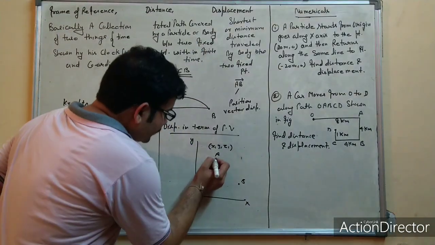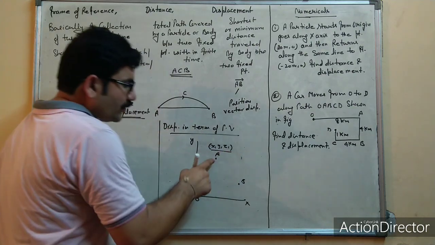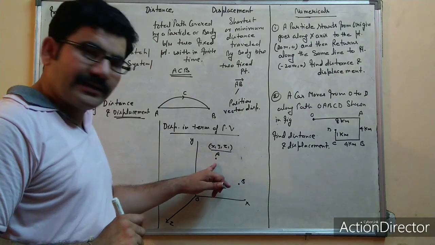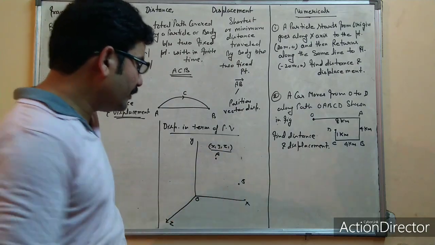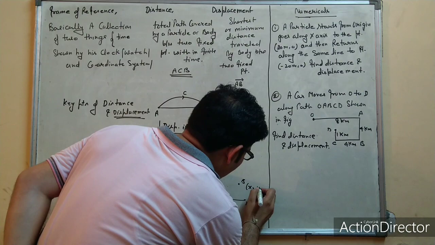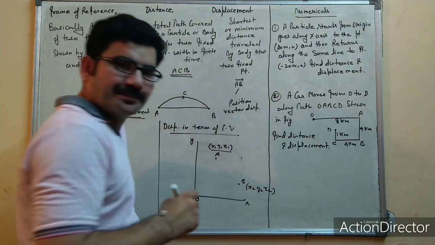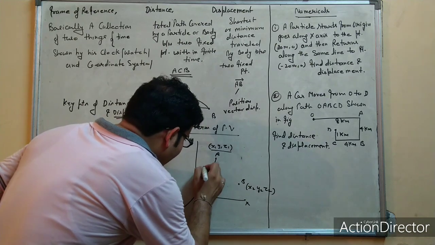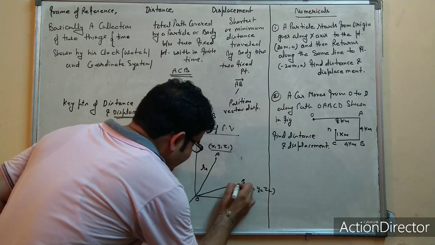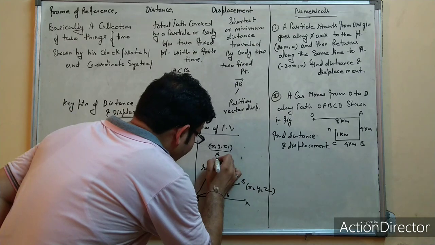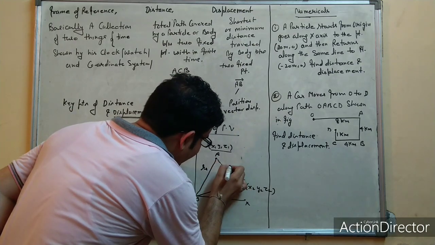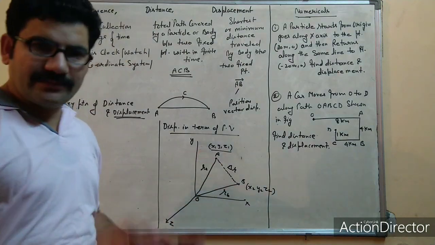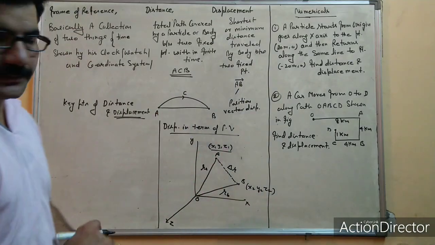The coordinates of point B are x2, y2, z2. Now if we draw their position vectors, let it be RA, and this is RB, and this join is delta R, the shortest distance between the two locations as shown in this figure.